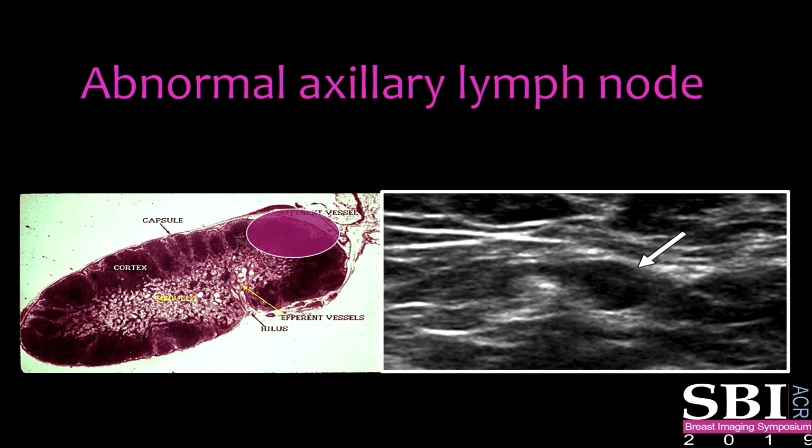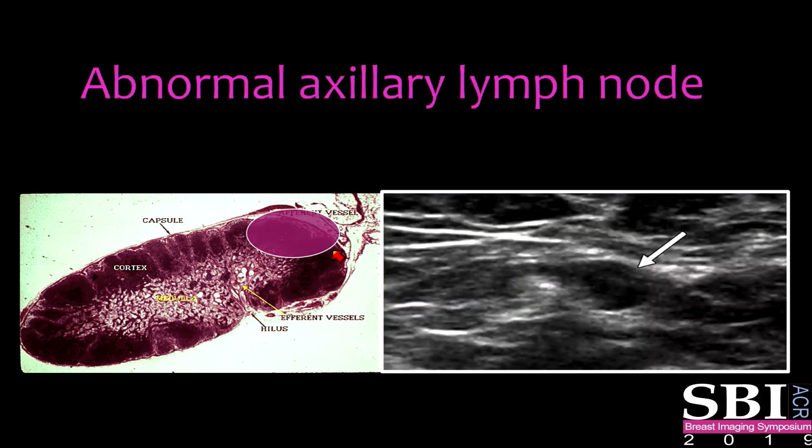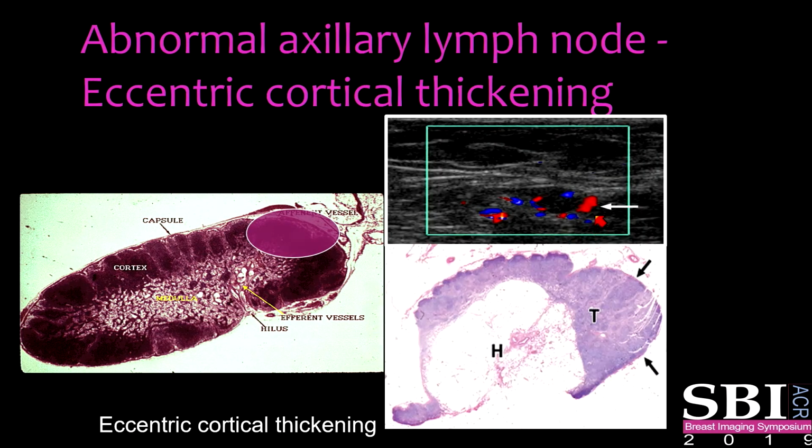So let's go over some characteristics of abnormal axillary lymph nodes. The tumor cells, when they move from the afferent vessels, they can actually get deposited in the subcortical region, and we can get eccentric cortical thickening, as seen here, and that can recruit neovascularity.